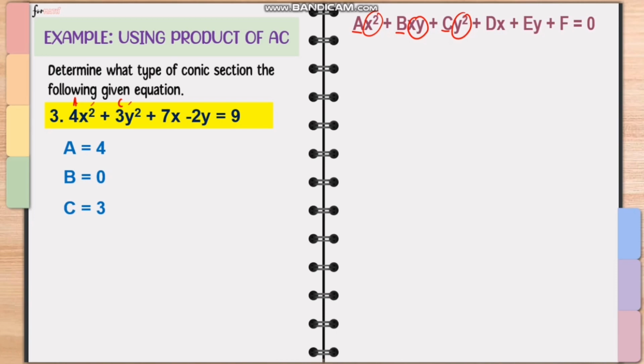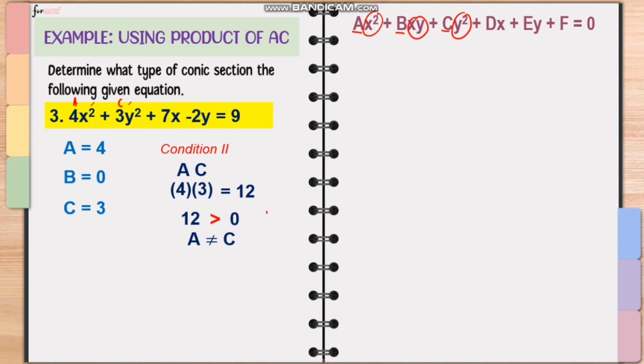B, and C. Gamitin natin si condition number 2, which is the product of AC. So, kunin lang po natin yung A and C. So, multiply lang po natin sila. So, we have 4 times 3 is equals to 12. And then, compare natin si 12 kay 0. So, this is a greater than. So, based dun sa ating condition, kapag greater than daw ang lumabas na equality, may dalawa ka pong option.